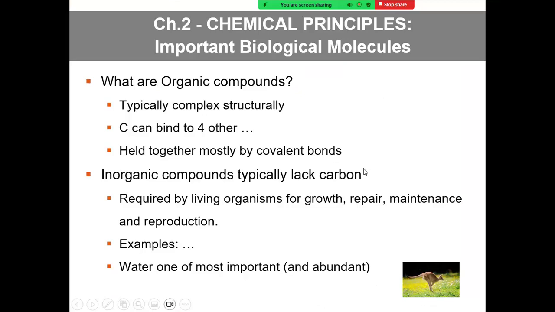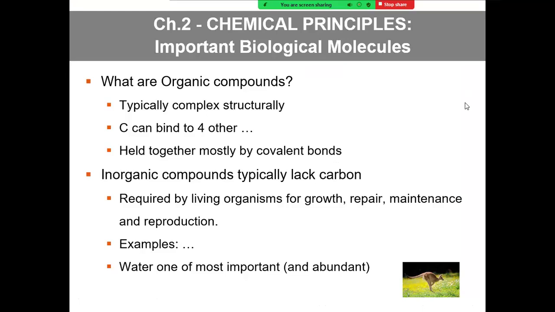All right, chapter 2, important molecules, especially biological molecules. We're going to talk about what organic compounds are and what inorganic compounds are. Organic compounds typically are structurally complex compared to an inorganic compound, which are simple. Organic compounds tend to be held together by carbon atoms, and carbon is important because carbon can combine with 4 other atoms.